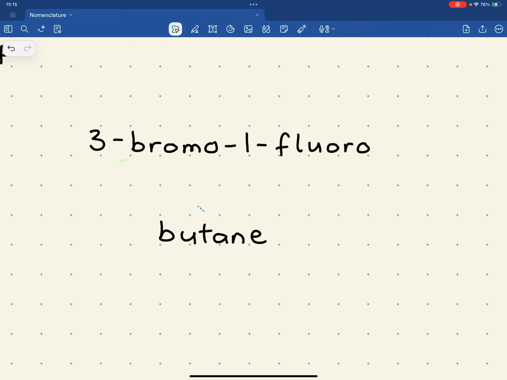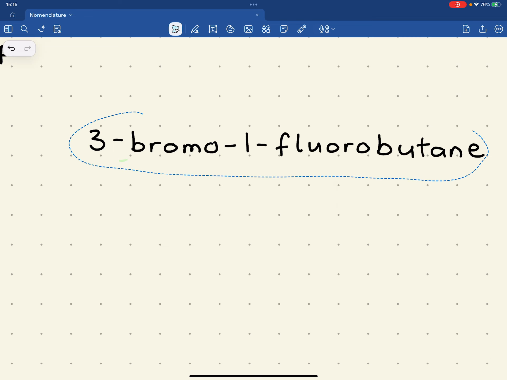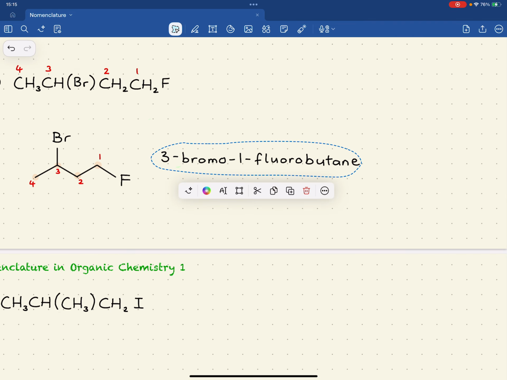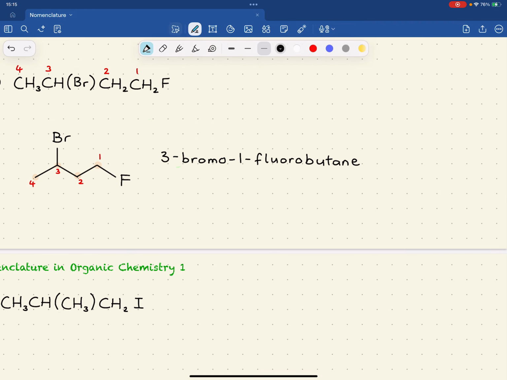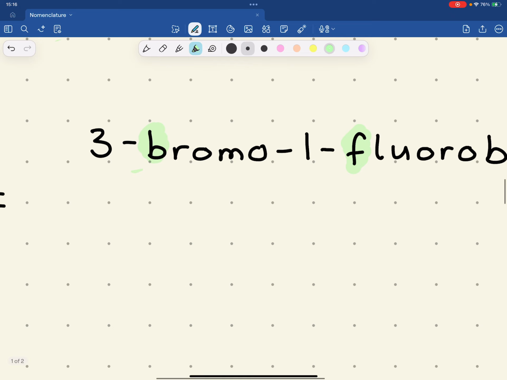So let's just put this with this. So that will be the name of this particular compound. So yeah, we need to look at the alphabetical order. So the B comes before the F. Okay, so it's not about which numbers first, it's the alphabetical order of the prefixes involved.